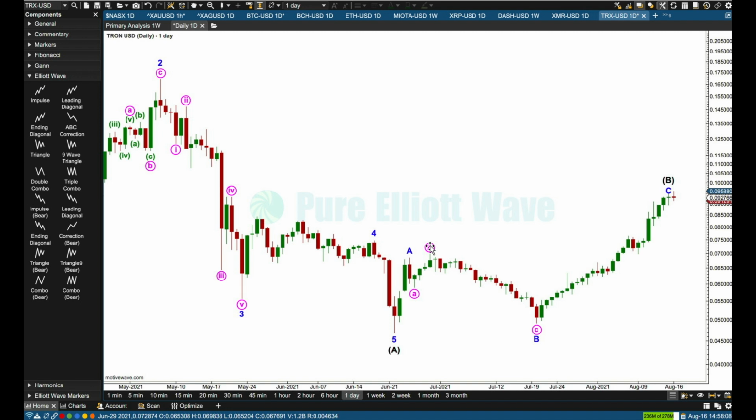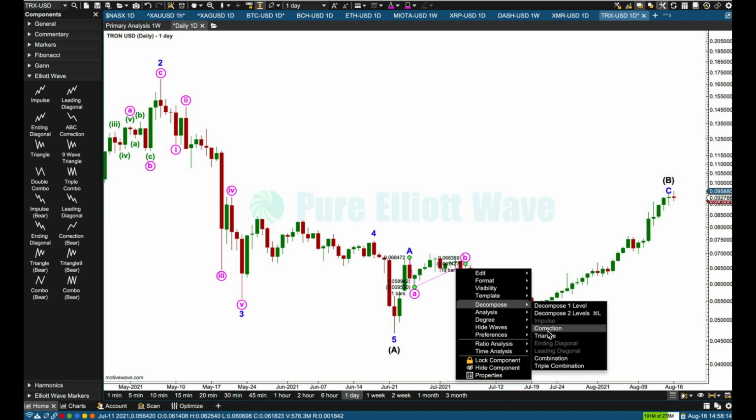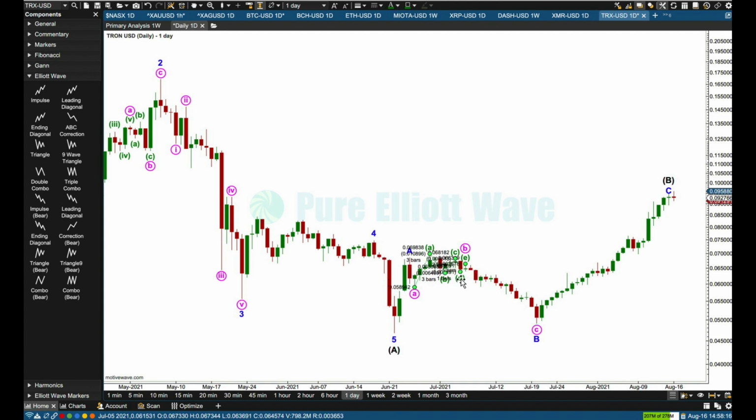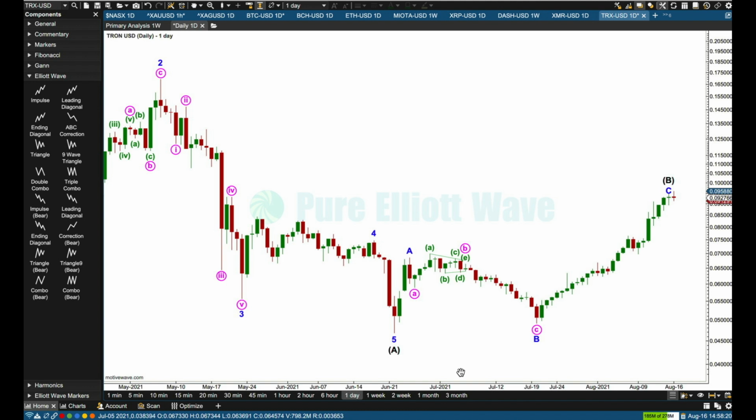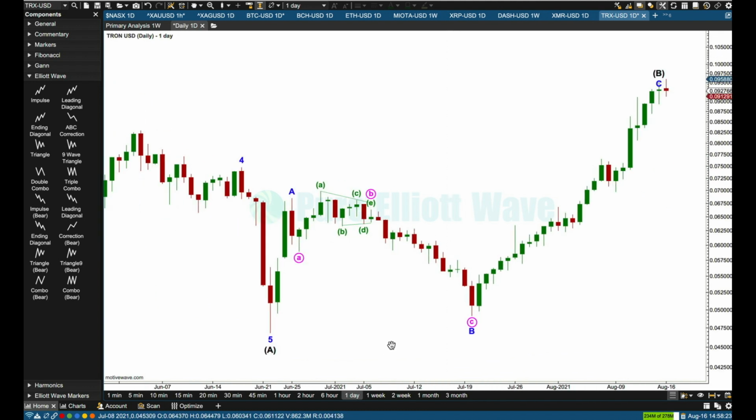No, okay, now here's another trick. A, B, C. If I put B over here as a triangle, I'm not saying this is the right wave count, but I'm just going to show you something to look out for. Okay, now that looks like a pretty good triangle, yeah? But part of B moves beyond the start of A, which means minor B is a flat correction.